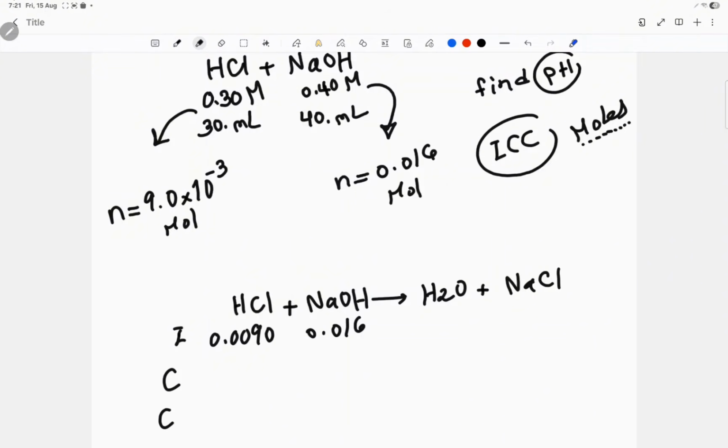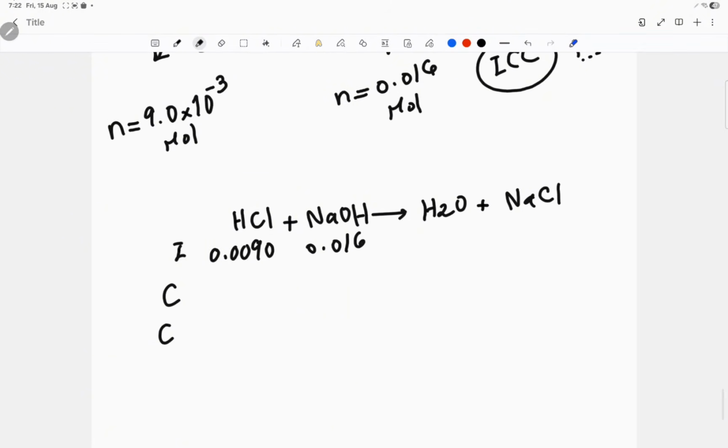ICC. Which one of those two reactants is limiting? Which one has less moles? NaOH. So it's going to become 0. So we're going to do minus x, minus x.